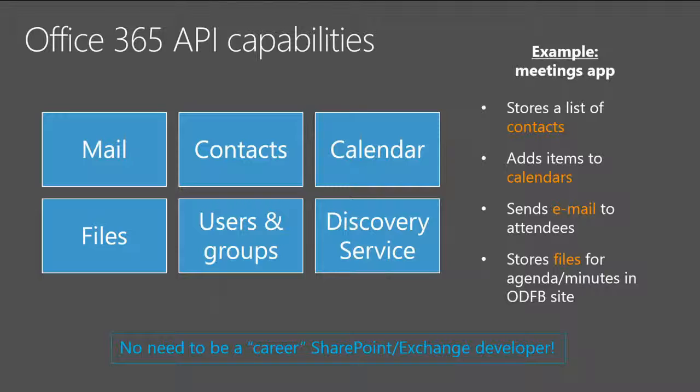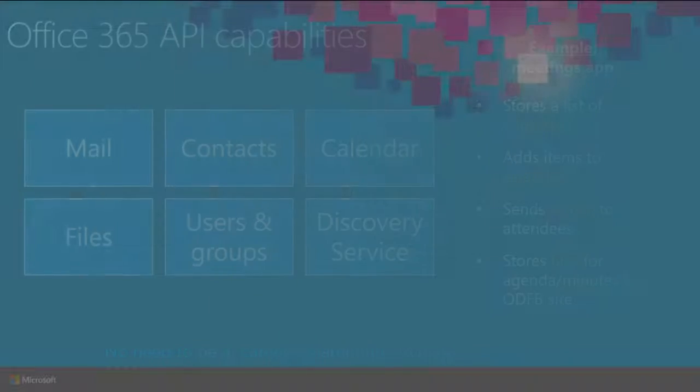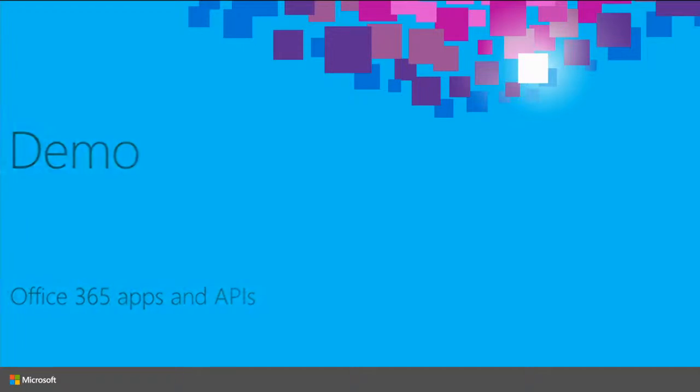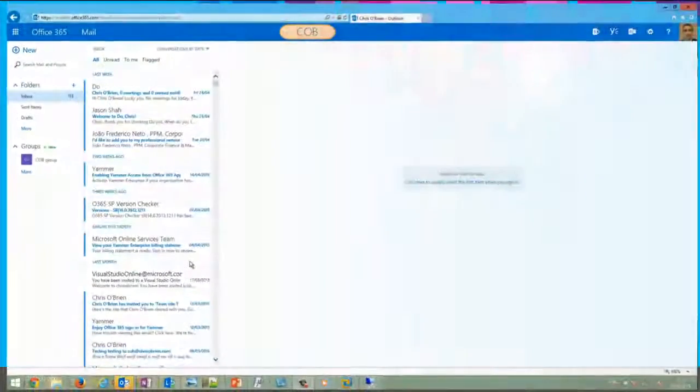Maybe it can send email, maybe it needs to store files. Actually, you're covered pretty well with this API. It's going to handle a lot of these things for you without too much effort. And I think the main message is that you can do these things without needing to be a deep SharePoint developer.